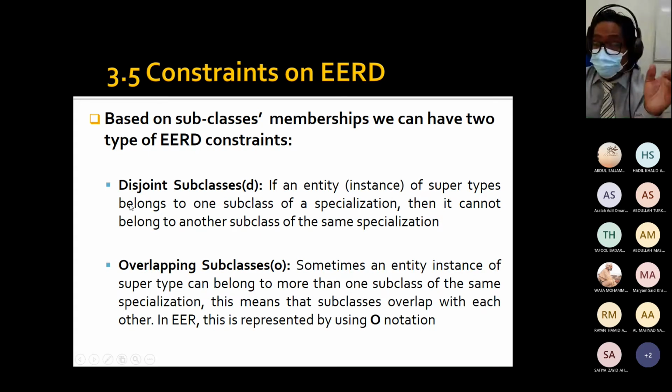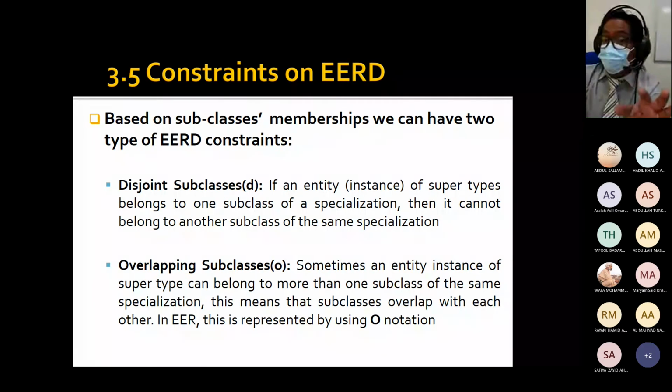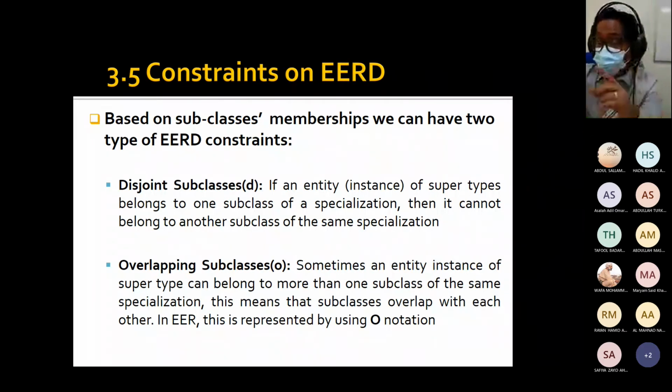The first one, disjoint subclasses, is basically: if an entity or instance of a supertype at the upper or superclass level belongs to one subclass of a specialization, then it cannot belong to another subclass of the same specialization.